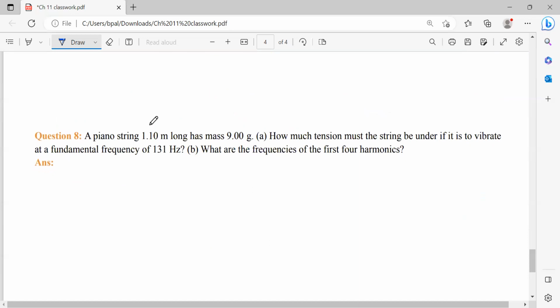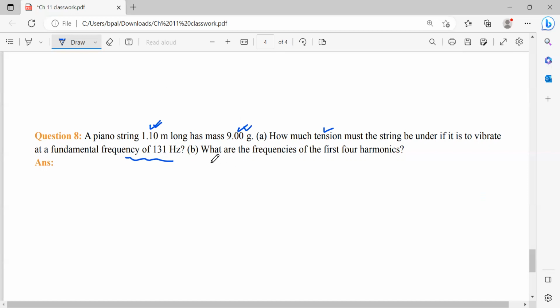The length is given, the mass is given for that piano wire. So we can use a similar strategy to what we used in the last problem to determine the tension. Here we have to calculate the tension, given that we know the frequency.